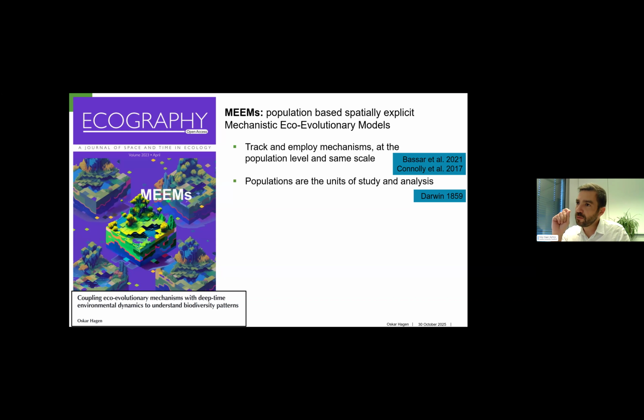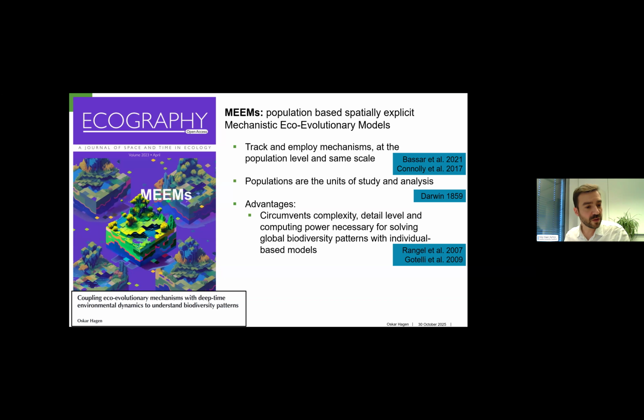But when we assume that populations are the unit of our analysis and the unit of these models, we have some advantages, and mostly they can circumvent the complexity and the level of detail we would need to run individual-based models, right?